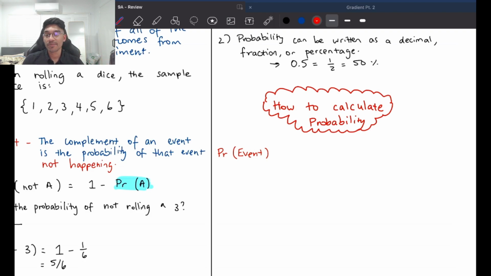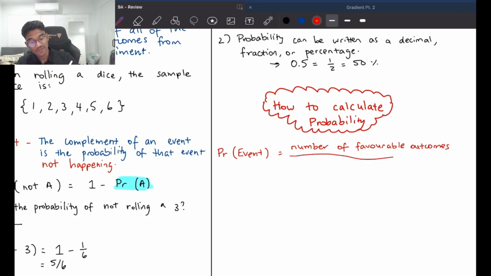So that PR means probability, and whatever's inside the bracket is what we're looking for. So we say the probability of an event happening is given by the number of favorable outcomes divided by the total number of outcomes.